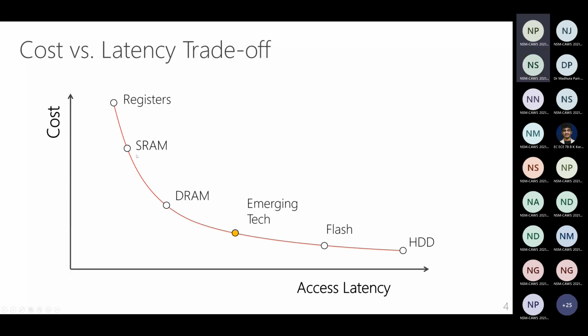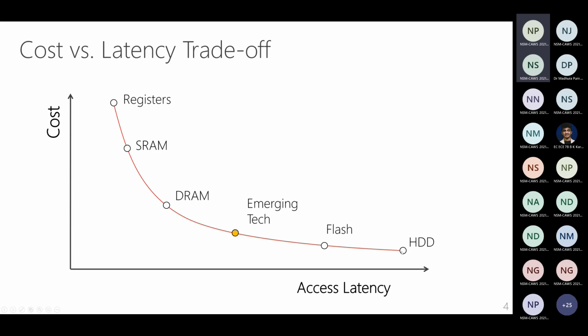Anyway, all caches are typically made using SRAM, but SRAM is also high cost in comparison to what we are going to look at today in more detail, which is DRAM. As you move to the right, on the extreme right, you have your hard drives, which give you the lowest cost in terms of the amount of money you spend per bit.